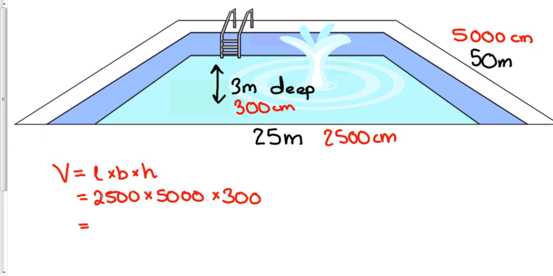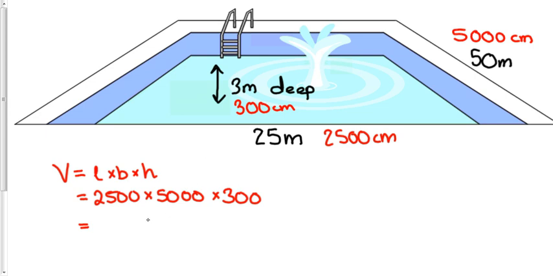I am going to think of 2,500 as 25 times 100, or 5,000 is 5 times 1,000, and this 300 is 3 times 100, so I only have to multiply 25 by 5 by 3, and then I have to multiply by 100, then by 1,000, and then by 100. So again, in terms of shortcuts, I am going to add on 1, 2, 3, 4, 5, 6, 7 zeros to my ending answer.